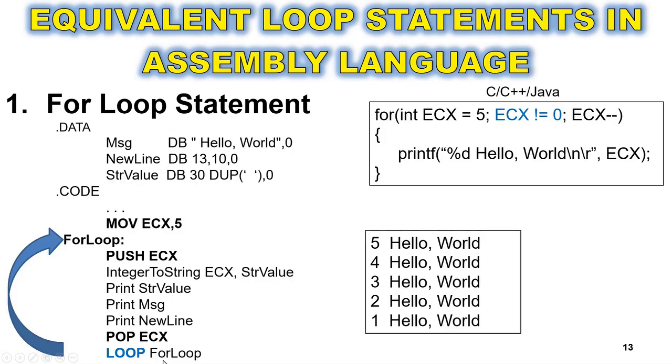Before it jumps to the label for loop, it first compares: is the present value of ECX not equal to 0? Since the present value, which is 4, is not yet equal to 0, it is true. Therefore, the CPU will jump to this label and repeat again.